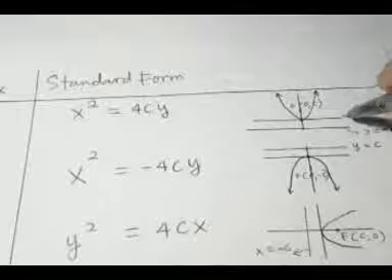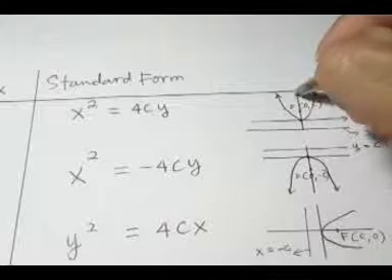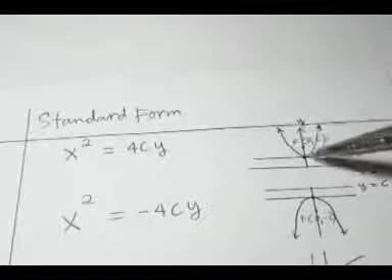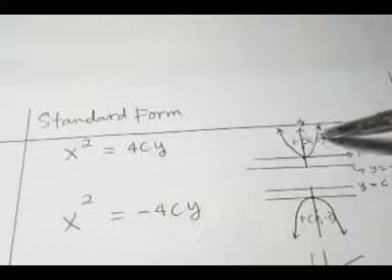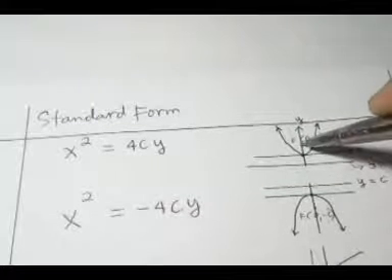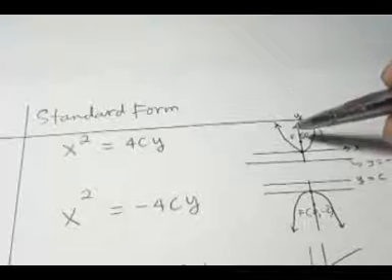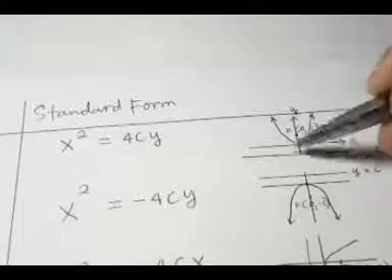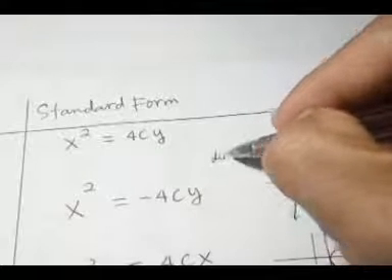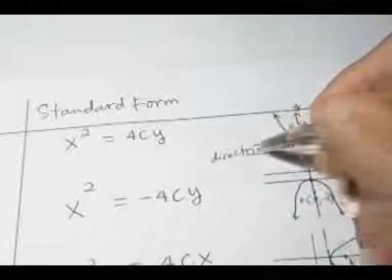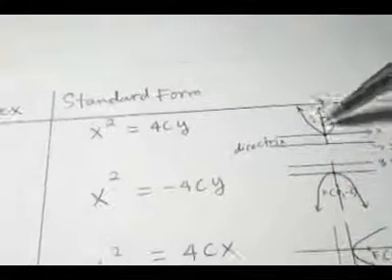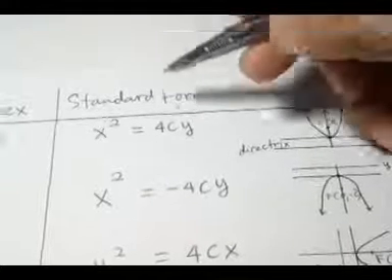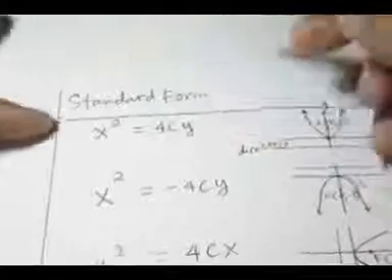Okay, so this is the x-axis and y-axis. If the parabola has its vertex at the origin and it is open upward, this is the focus. The focus is inside the parabola, and this is the directrix, the horizontal line. This graph of a parabola that opens upward with vertex at the origin has this standard form of the equation.